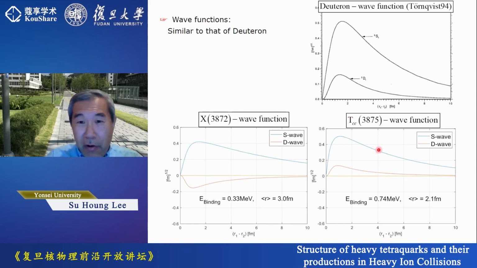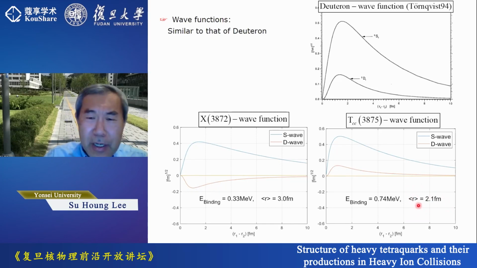D wave mixing alone is not strong enough, but assuming a short range attraction, even if it doesn't give you a compact configuration, it will eventually give you a molecular configuration. It is possible that they will eventually give you a molecular configuration with the D wave mixing, and D wave mixing also gives you a large attraction, a large distance wave function.